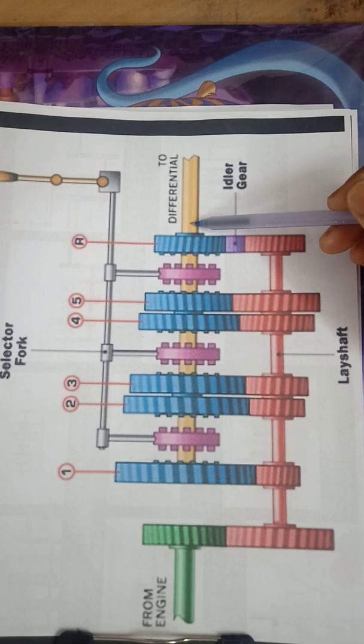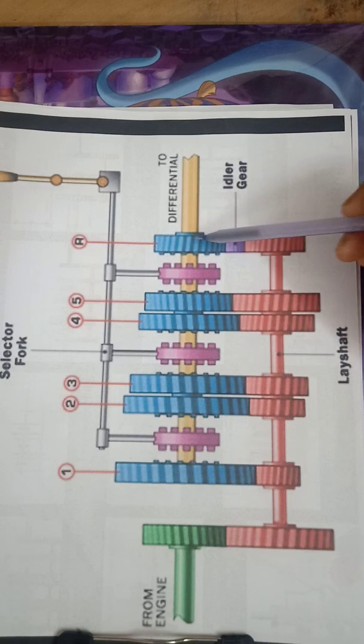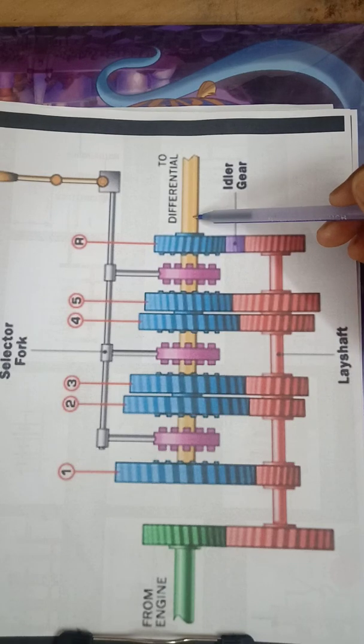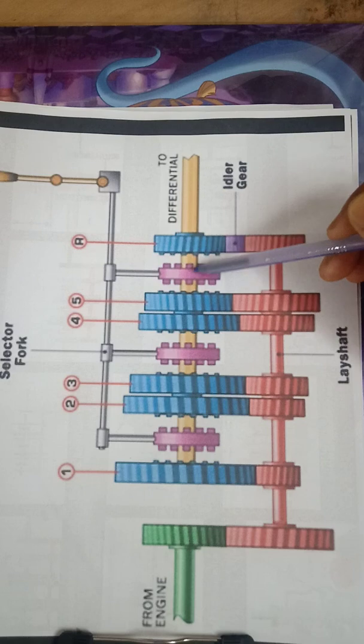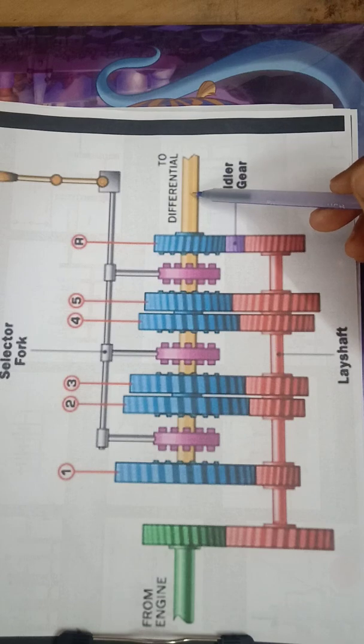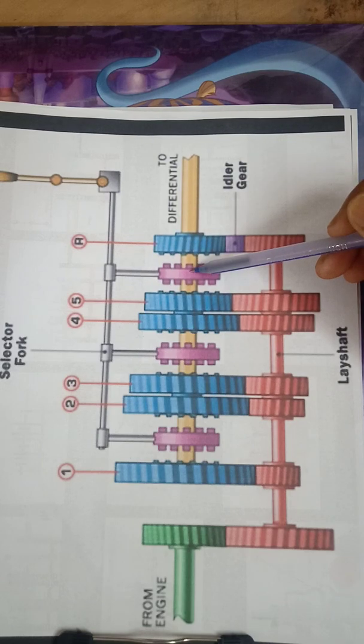This gear and this shaft are not attached with each other, so this gear rotates independently and this shaft rotates independently. But this shaft and these dogs are attached with each other. When this shaft rotates, this dog will also rotate.